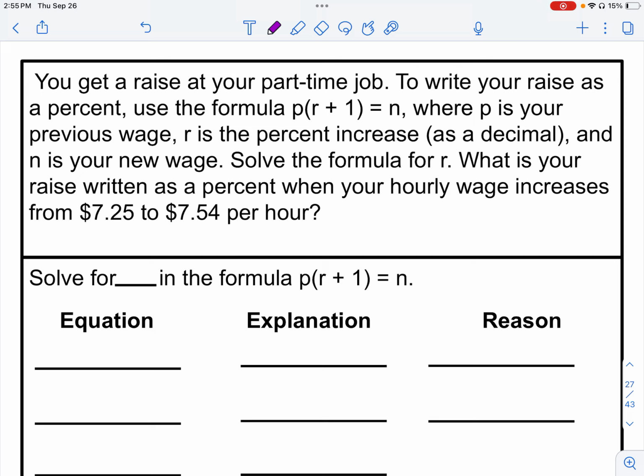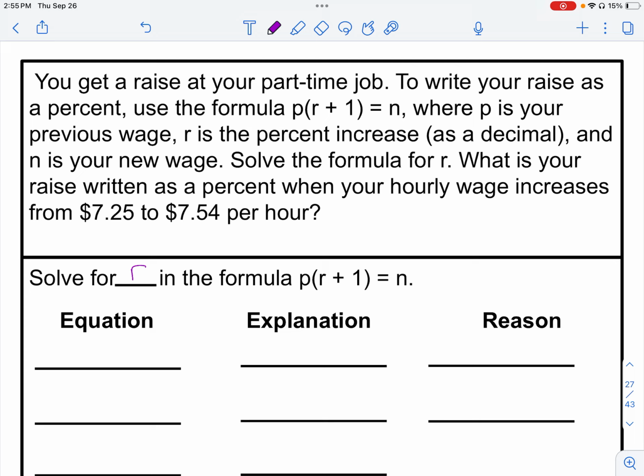Solve the formula for R. And what is your raise written as a percent when your hourly wage increases from $7.25 to $7.45 per hour? Well, we're going to solve for R in the formula P times R plus 1 equals N.